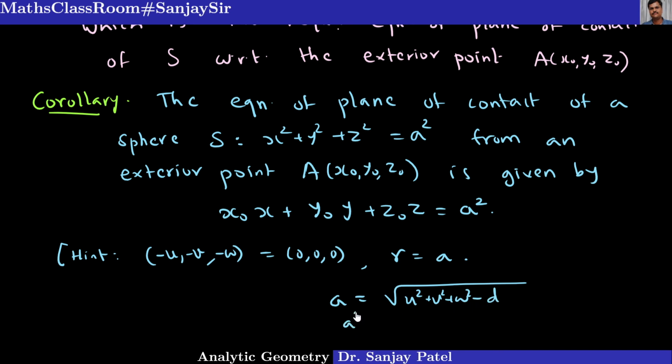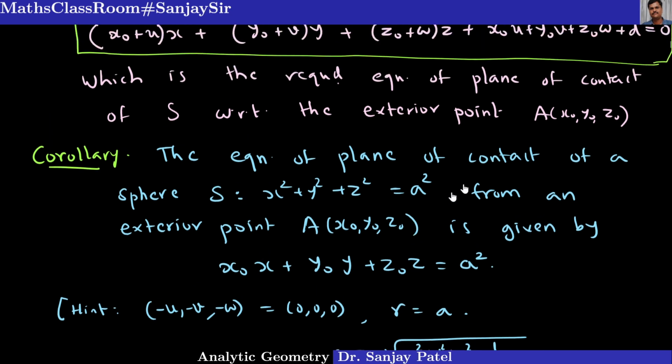So a square, since u, v, w are 0, is equal to minus d. Okay, so that gives you d is equal to minus a square, and that you have to substitute in this result.